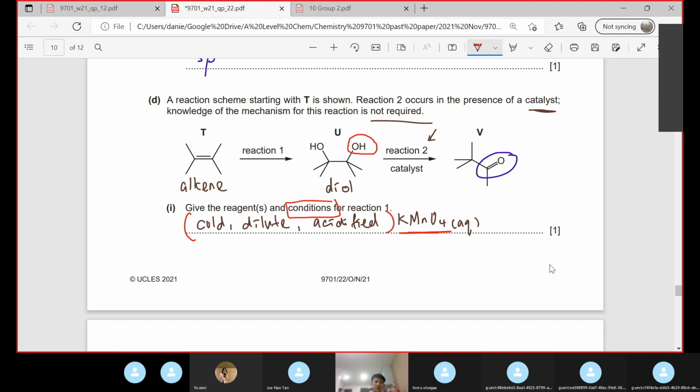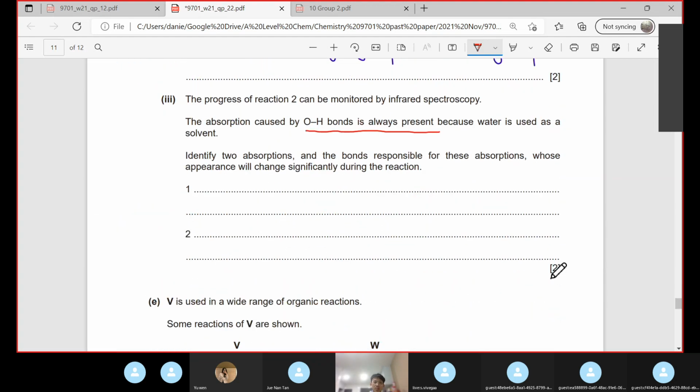So if we only base on the reactions, we should be able to write down the absorptions. The OH absorption should disappear from the infrared spectrum. This is what we usually do in practice. But over here, they mention that water is used as a solvent.